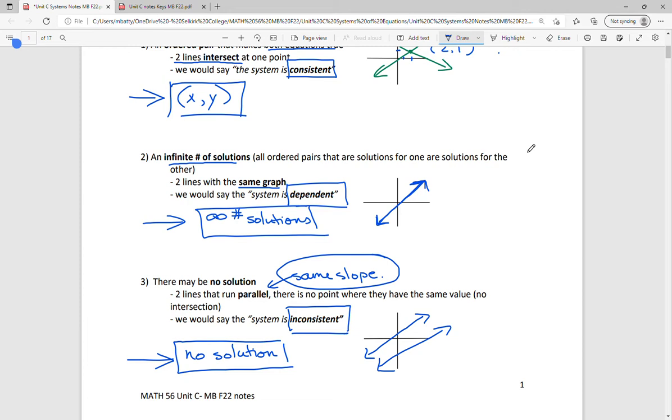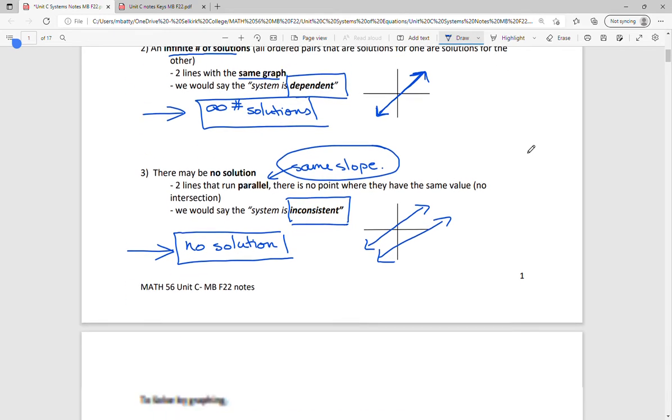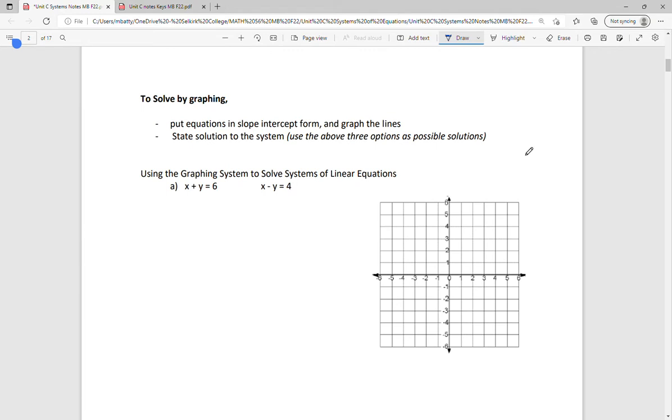And we're going to move on, and the first part of this is solving systems through graphing. So it really does reinforce the concept of what we're doing here. To solve by graphing, we're going to put the equations into slope-intercept form. You could do it with the table method or intercept method, but I think slope-intercept form is the most efficient way to graph a linear equation.